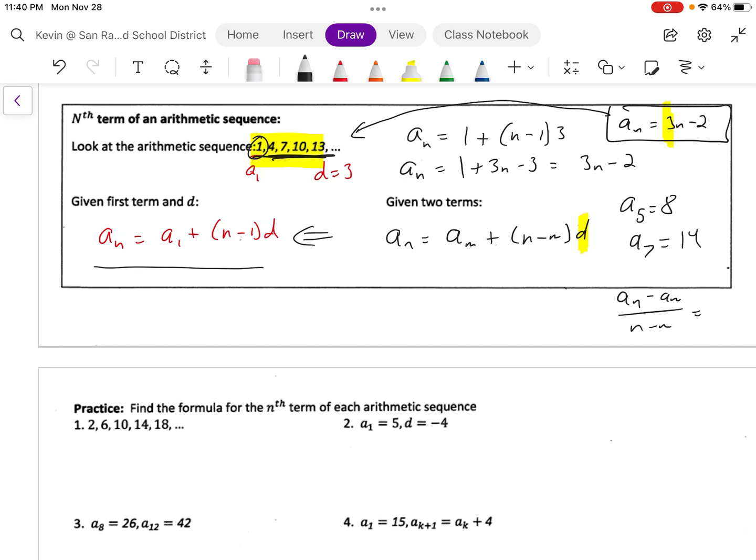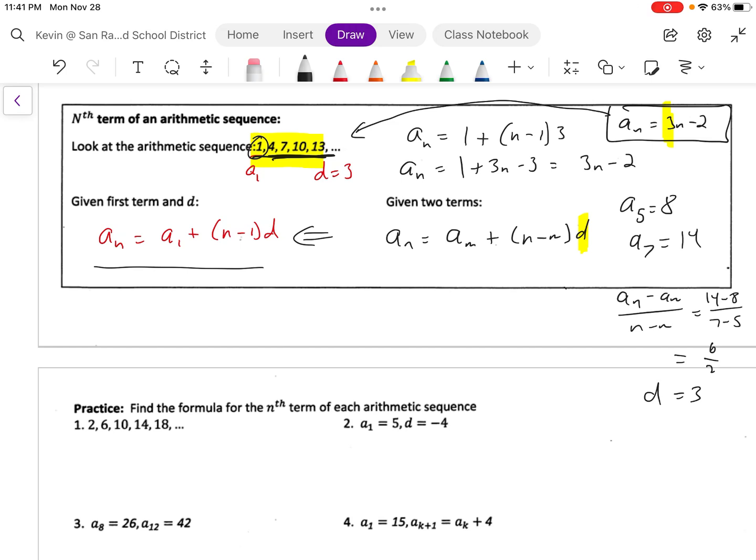So in this case, it would be 14 minus 8 divided by 7 minus 5. 14 minus 8 is 6, 7 minus 5 is 2, so 3. So in this case, d equals 3.